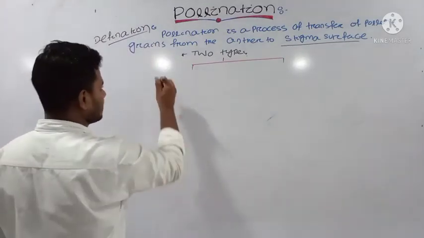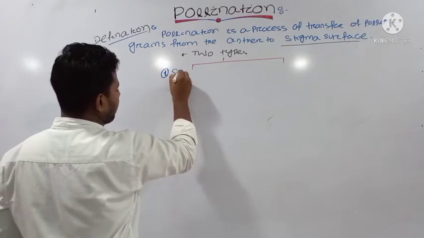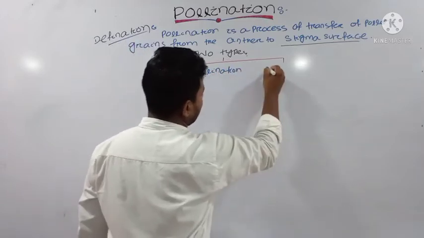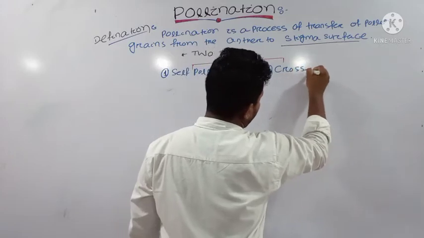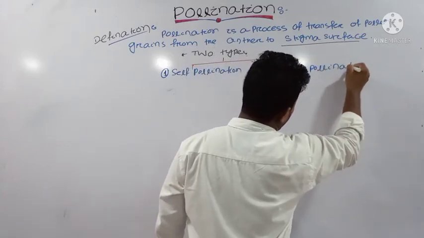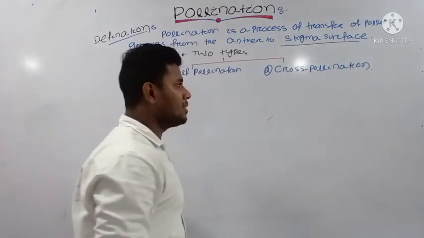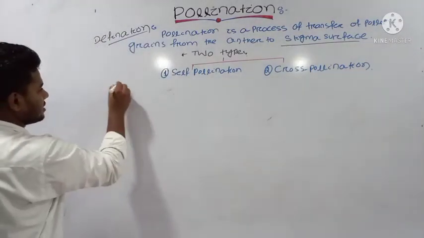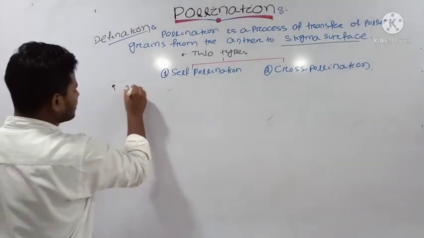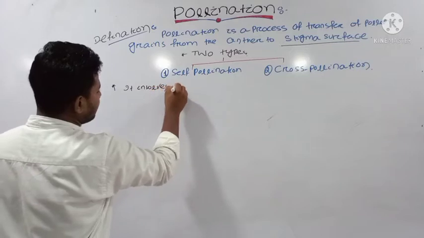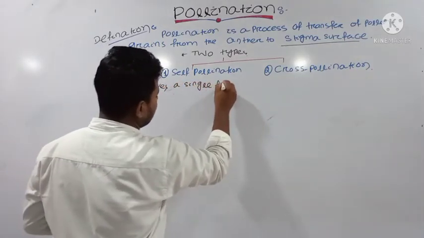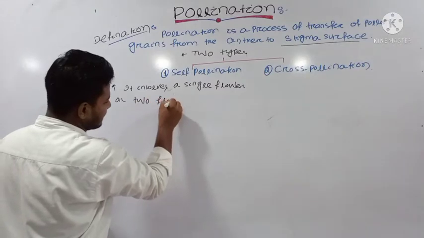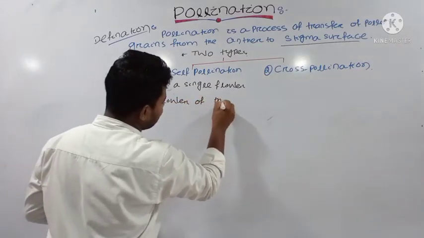Self pollination involves a single flower, or two flowers of the same plant.